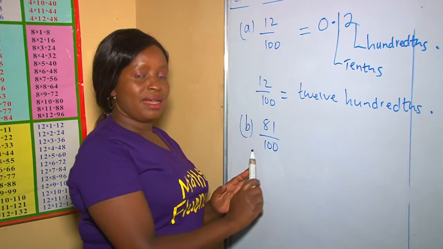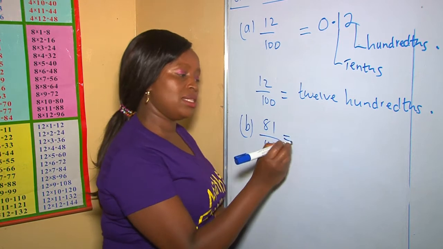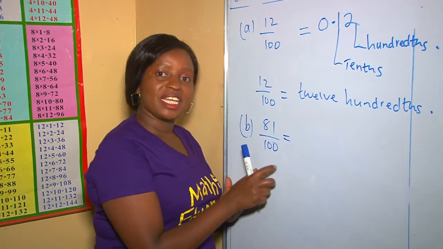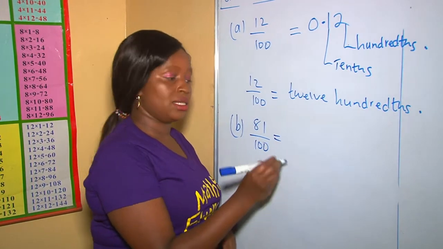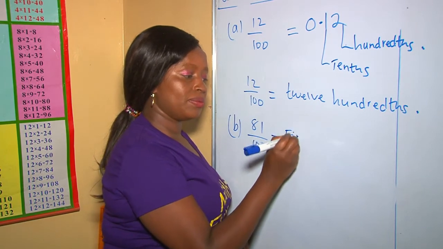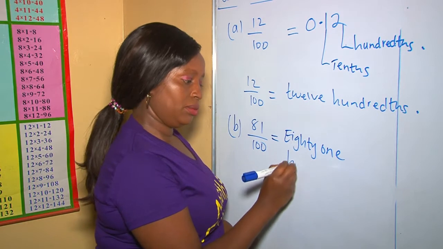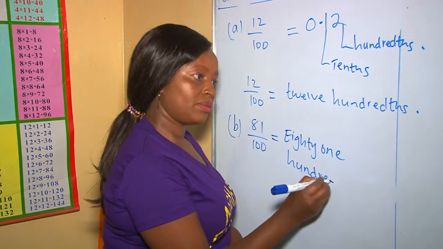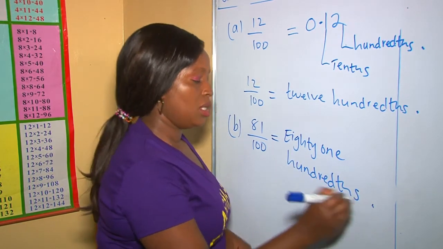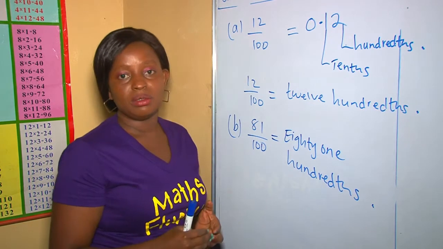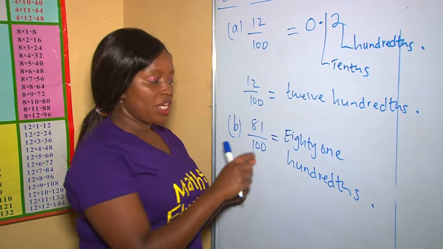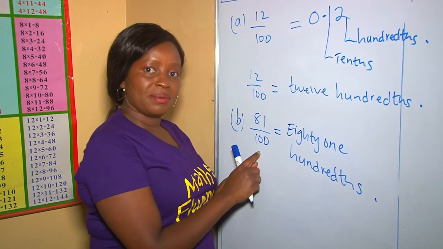This is 81 hundredths in words. This fraction in words is written as 81 hundredths. To write it as a decimal, we need to look at the denominator.